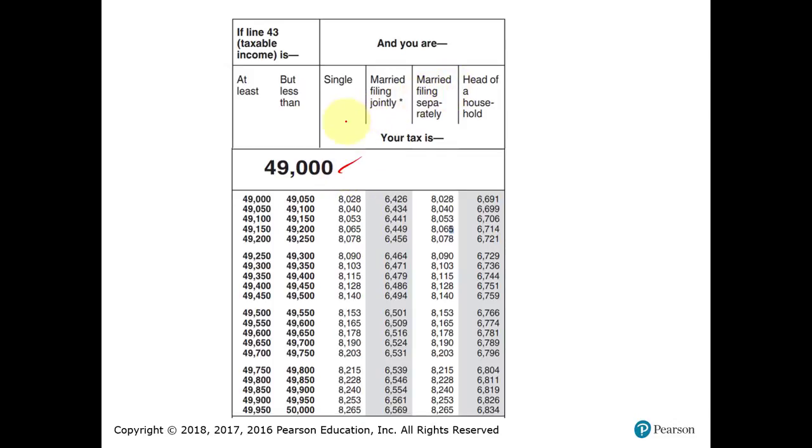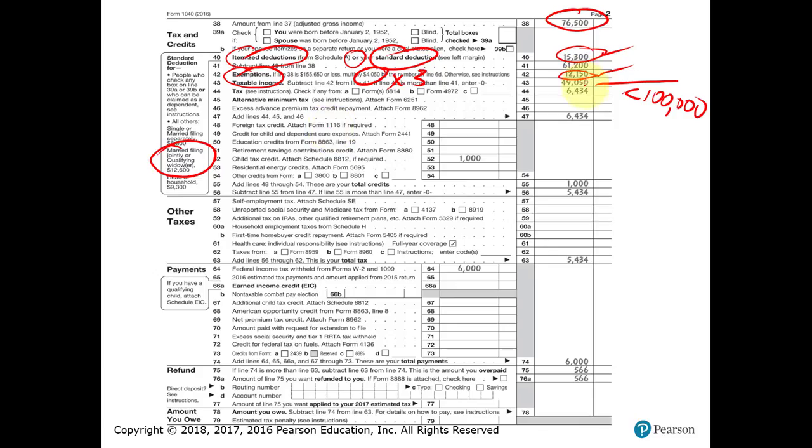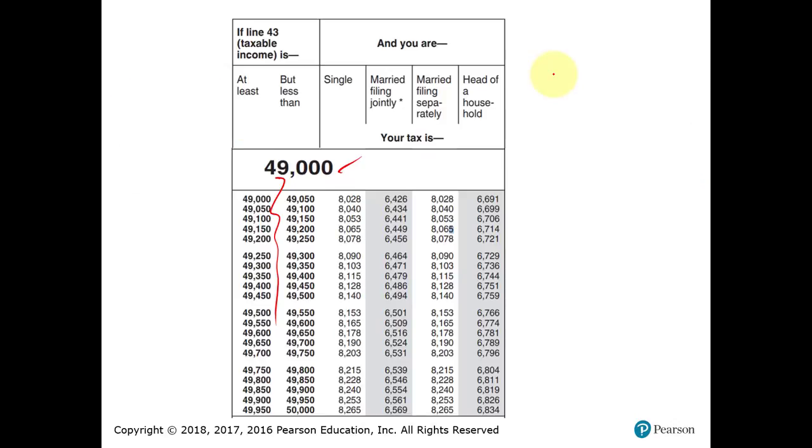So we would look up our taxable income going down these two columns, and our taxable income again was $49,050 right at the top of this list here, 49,050. So here is 49,050 and here is 49,050.